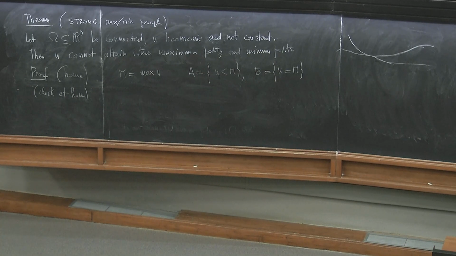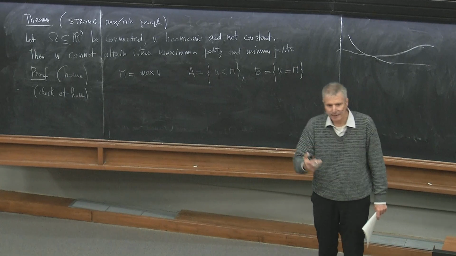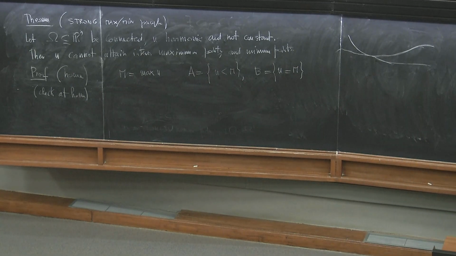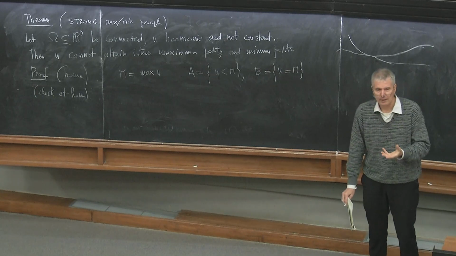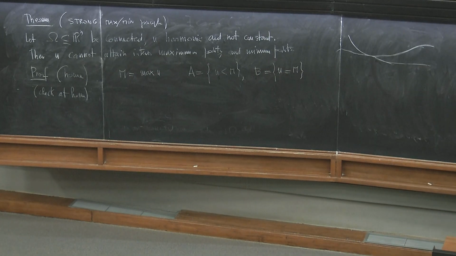And now, always with the idea that we would like to find results which somehow are independent of possible mean value formulas, because this mean value formula seems to be really something related to the fact that we are using the Laplacian, or if you want an elliptic operator with constant coefficients. I don't know, but I mean, very strictly related to the Laplacian.